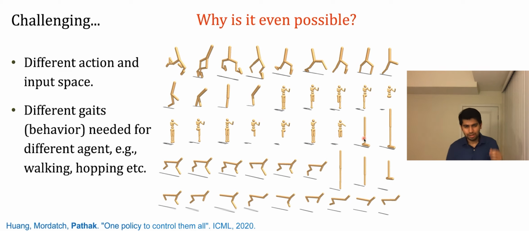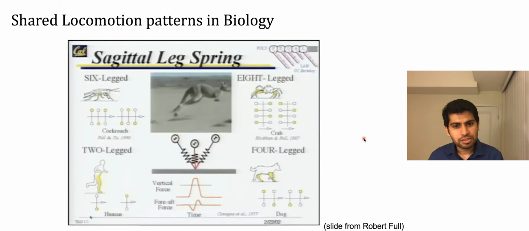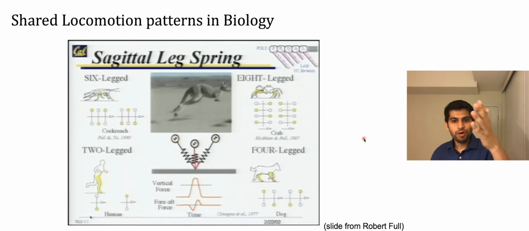So before we go to our approach, the first question is why is it even possible? Do we have any evidence of this kind of thing in nature? In fact, when we were trying to find possible connections in biology, we found a long line of work in biomechanics where people have shown that in nature, different animals like the six-legged cockroach, crab, humans, dog, and other four-legged animals, which have apparently different morphology, apply a similar kind of force on the ground.